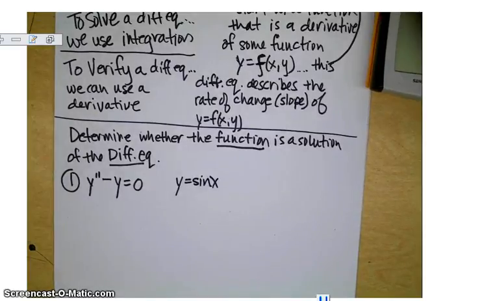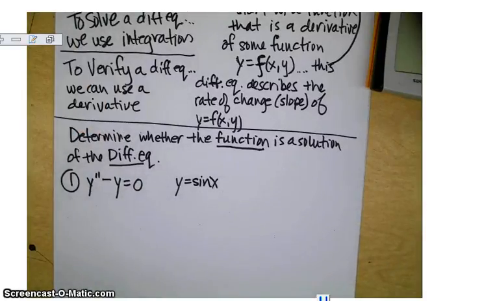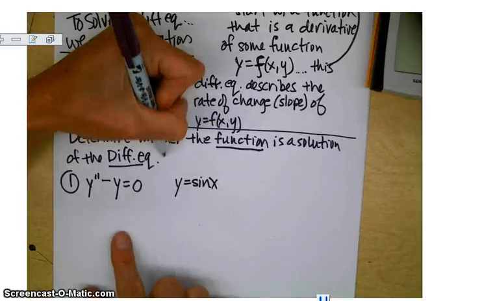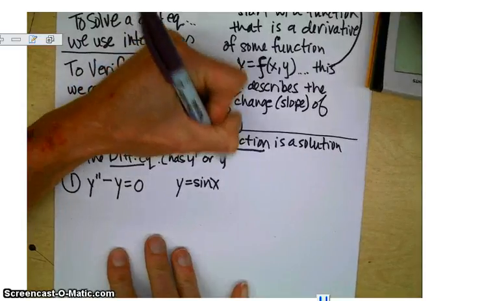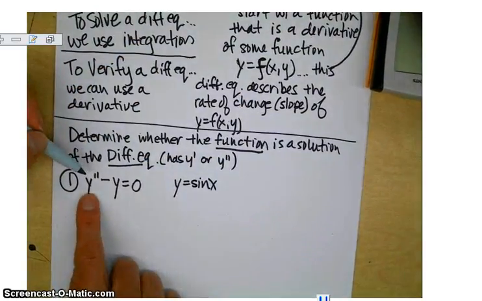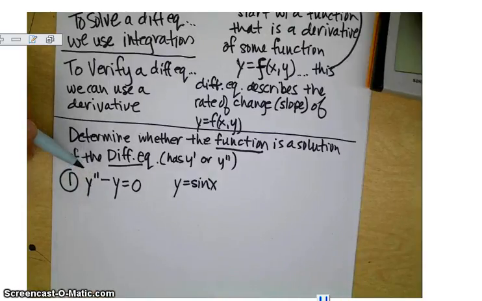It doesn't have a y prime. A differential equation has a derivative in it. So you can tell which one is the differential equation. The differential equation is the one that has y prime or y prime prime. In fact, what does the second prime mean? The derivative of the derivative, the second derivative.